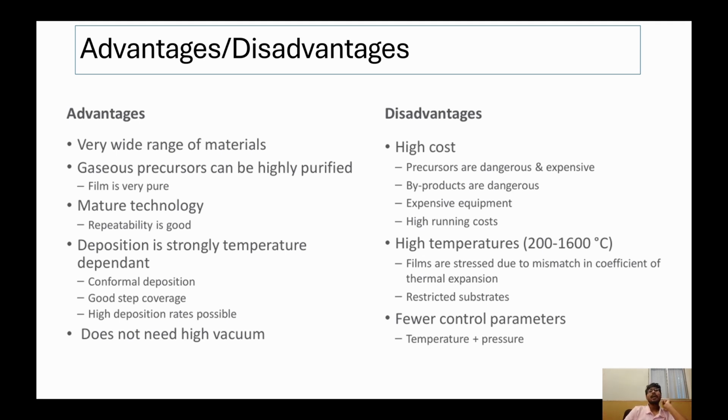Okay, so moreover the advantages of this kind of process: a very wide range of materials that you can deposit through this. Almost for every material you can get a precursor. There are some websites, like Sigma, you can check out, and Strem Chemicals also you can check out.